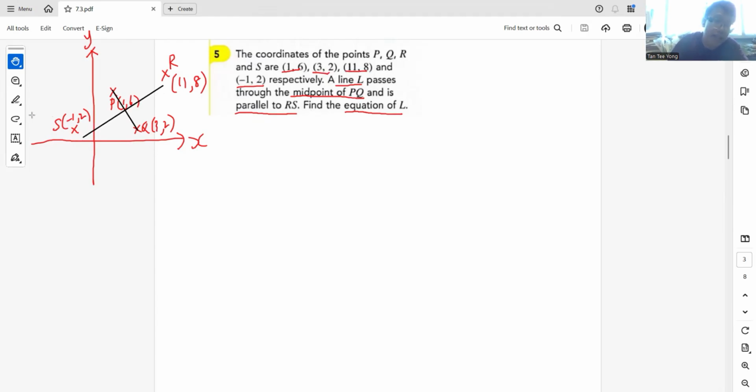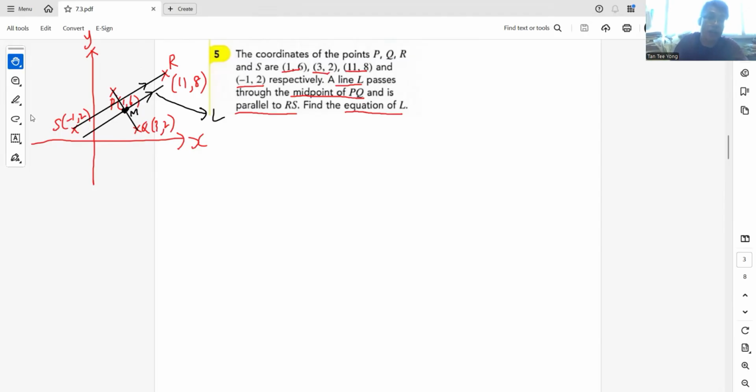This black line is L. The midpoint of PQ, let's label as M. I hope you all can see, so you might need to go full screen for this. Then this line L is also parallel to line RS. So I'm also going to draw line RS, something like that, and label these both as parallel.